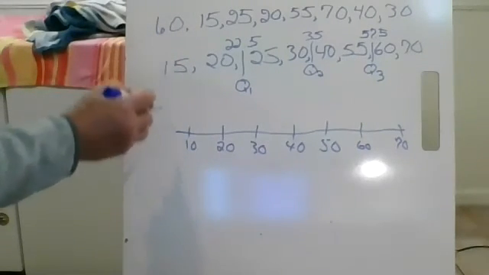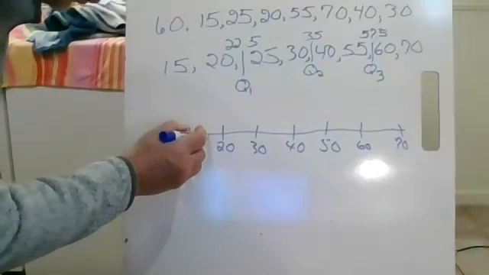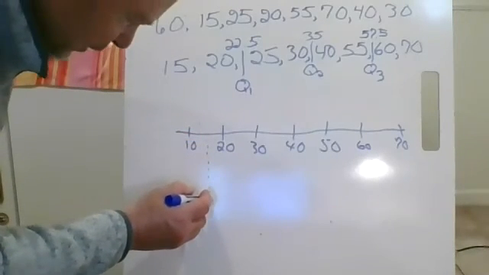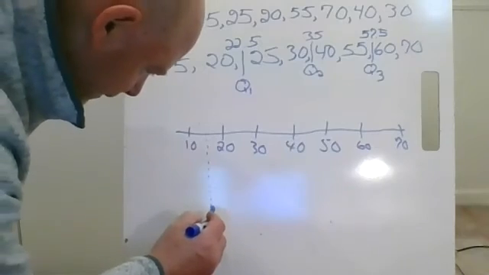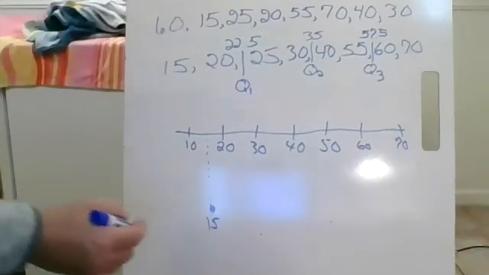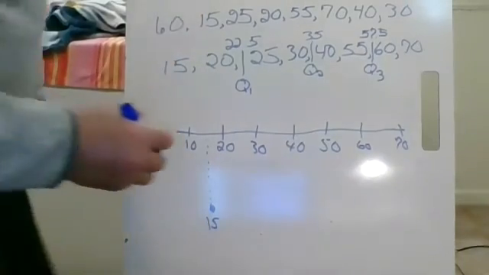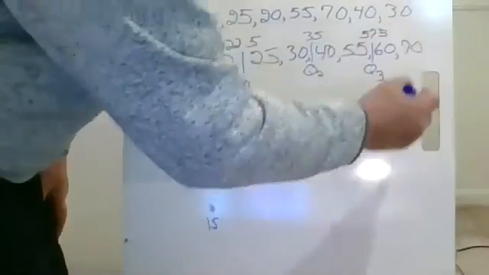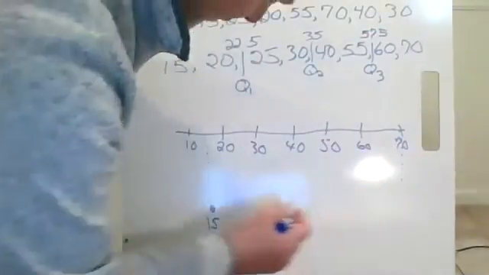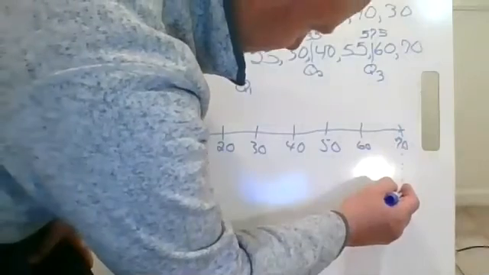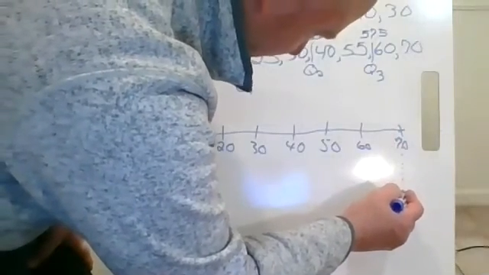So the min is 15, which is right here. So we'll bring it down, put a mark there, call it 15. You write the min, then you write the max is 70, which happens to be here. This time, let me get it a little straighter.